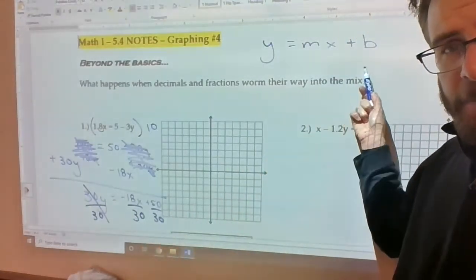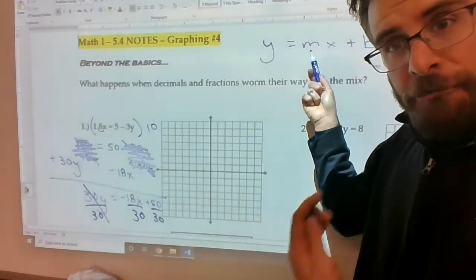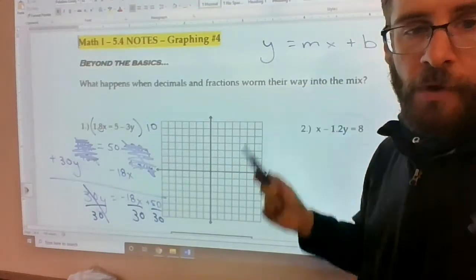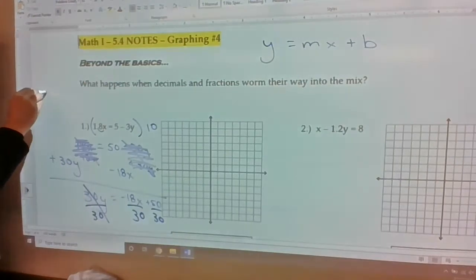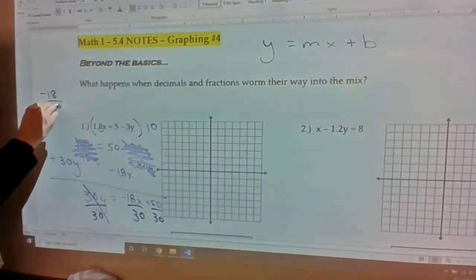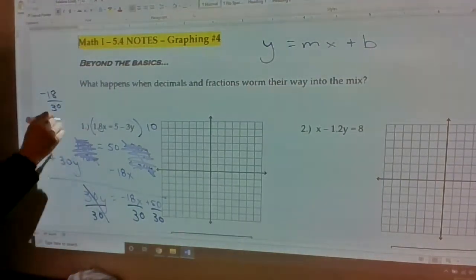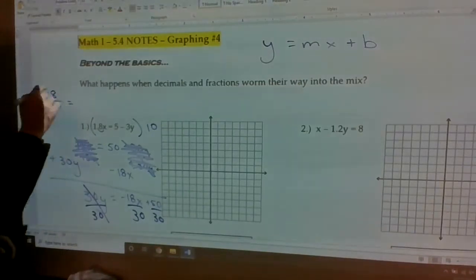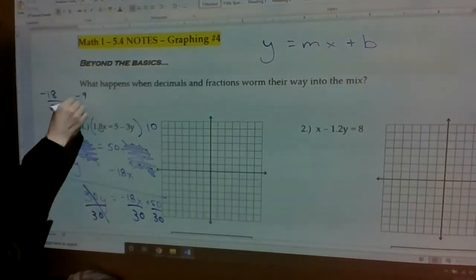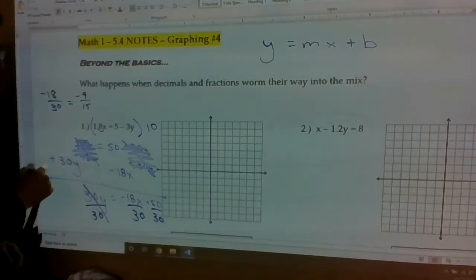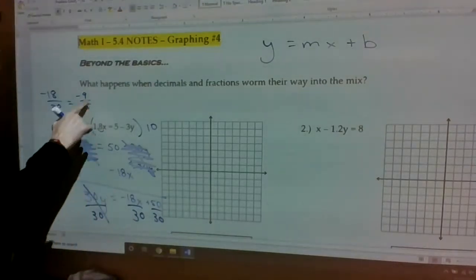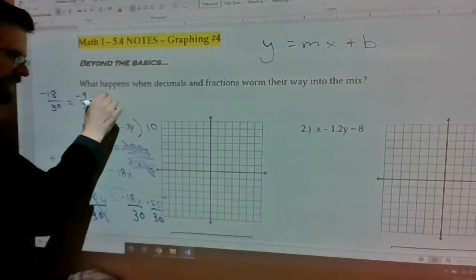Remember, the m needs to be reduced as a fraction because it represents the rise over run. So negative 18 over 30, you could go off to the side here and ask yourself, how do I simplify negative 18 over 30? Well, you can cut it in half. Half of 18 is 9. Half of 30 is 15. They also divide by 3, though. So divide negative 9 by 3, you get negative 3.